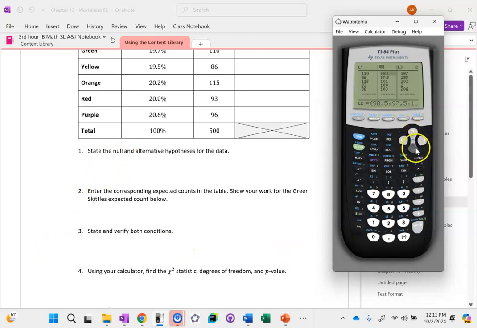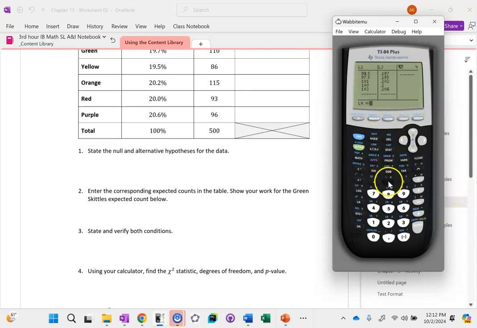So to do that intermediate work for my chi-squared statistic, I'm going to do this in the table. So I'm going to go to L4. I'm going to press enter. And if you remember, the formula for chi-squared was observed minus expected squared divided by expected, and we have to add those up for every category, right?